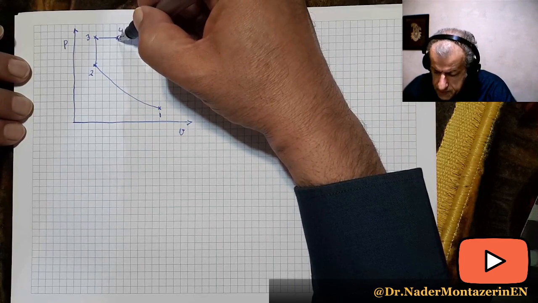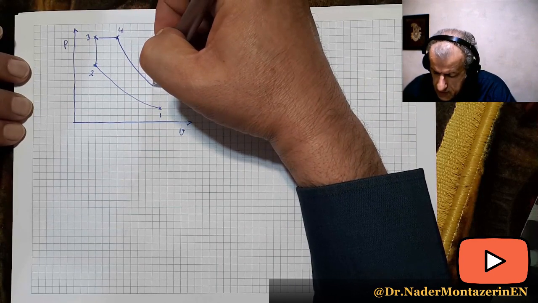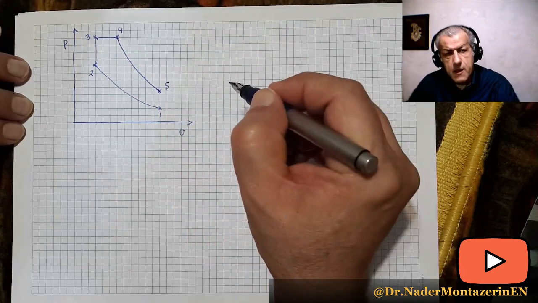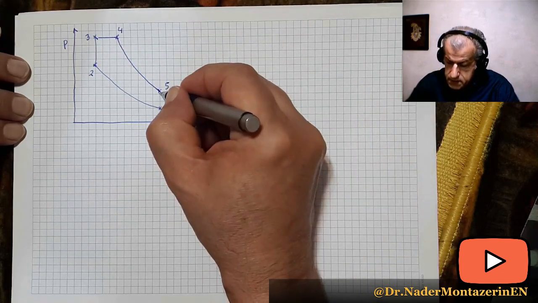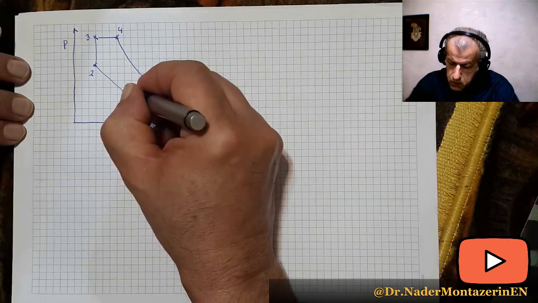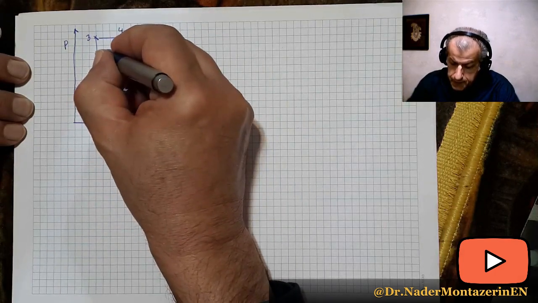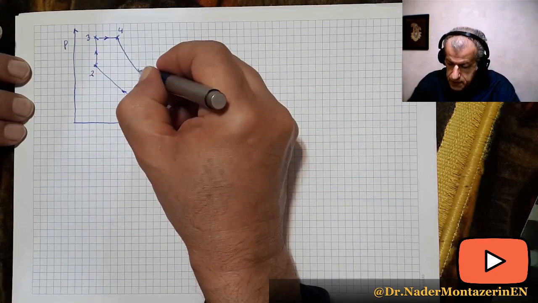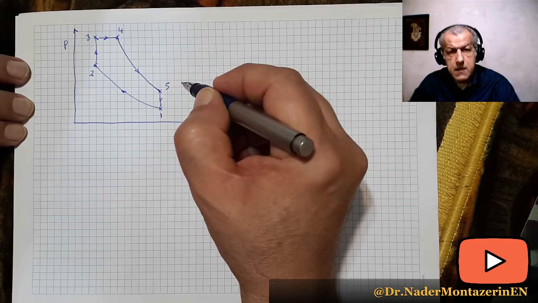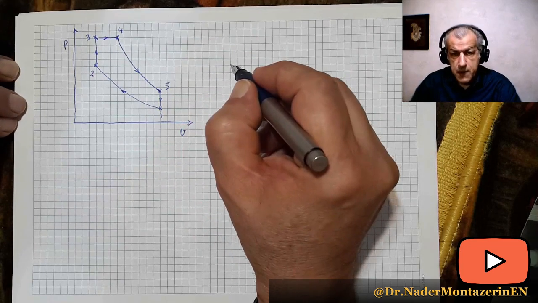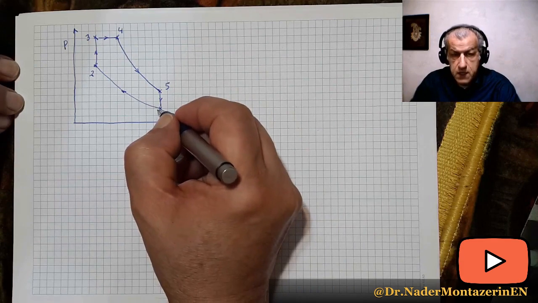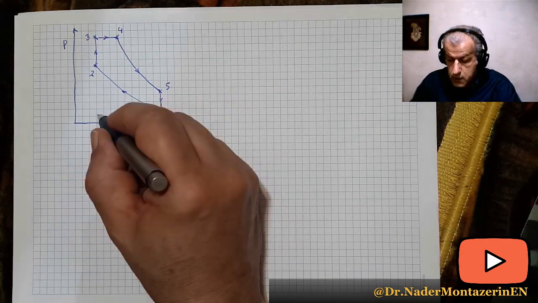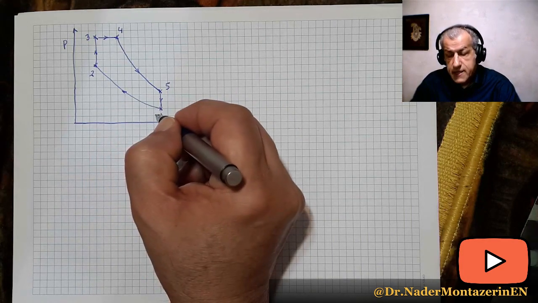Then there is a process where work is done and it comes to point 5. And finally, it is process 5-1, which is the heat rejection part of it. So this is our dual cycle. You know that the smoke is removed in one stroke, and then fresh air is let in another stroke.